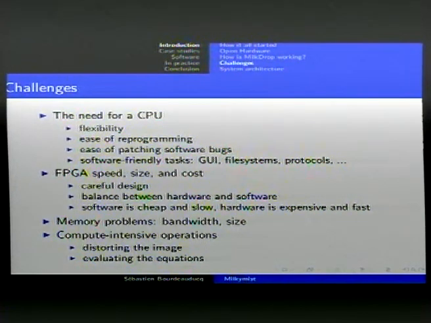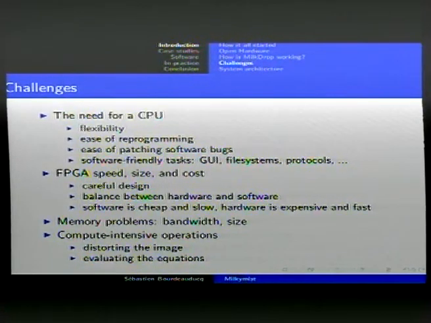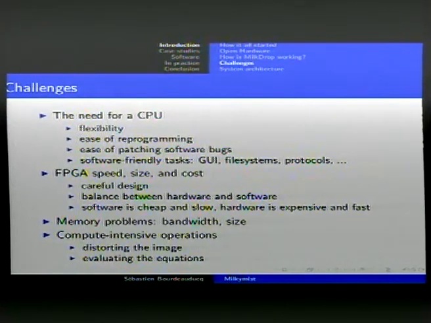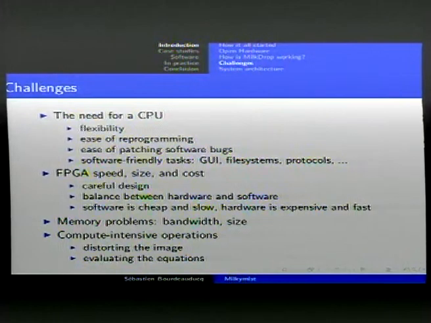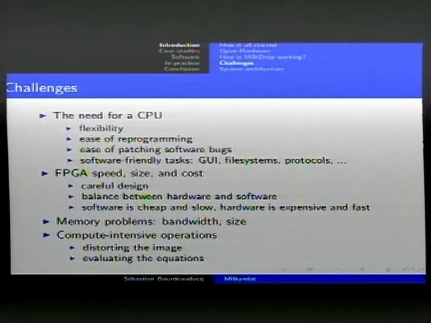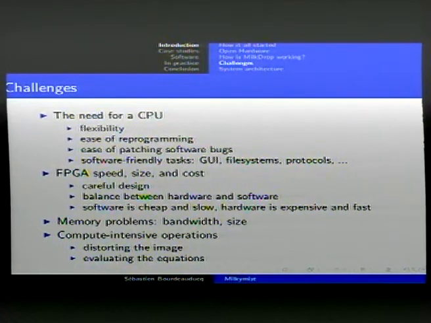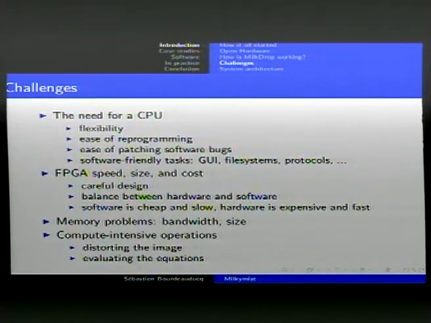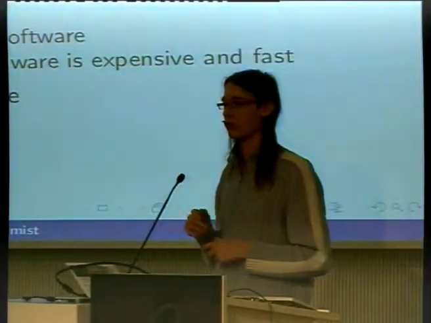So it definitely needs a CPU for taking care of the software-friendly tasks, like the GUI interface, file system, protocols, all the housekeeping of running the graphical pipeline. It also brings some flexibility, ease of reprogramming, and you can easily patch software bugs without recompiling the whole FPGA design.